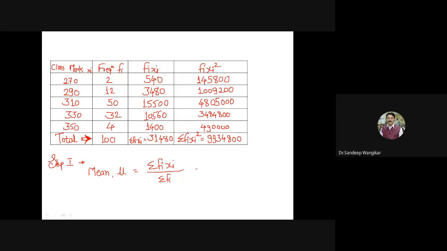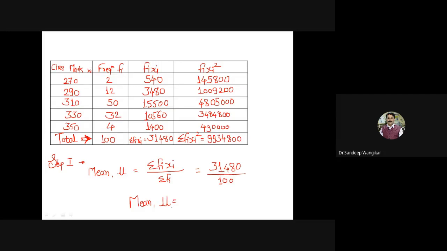So I will substitute here 31480 divided by 100. Friends, very simple. I can say here mean, mu, is equal to 314.80.